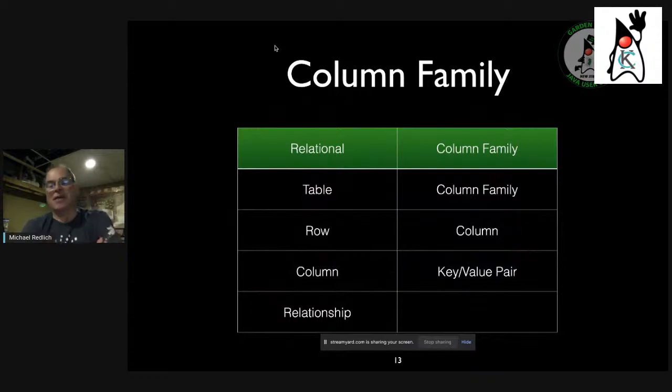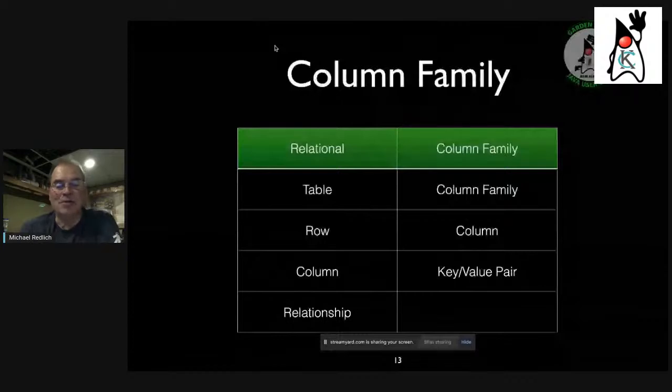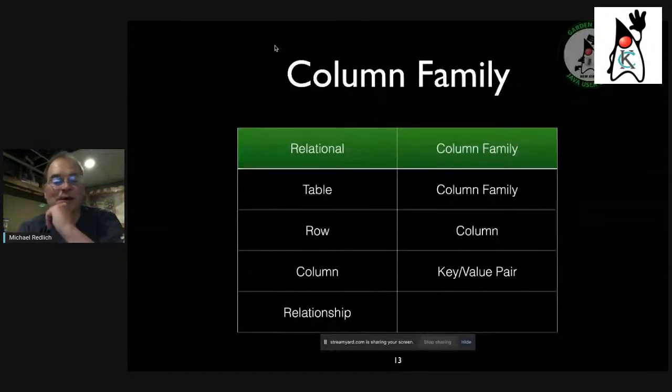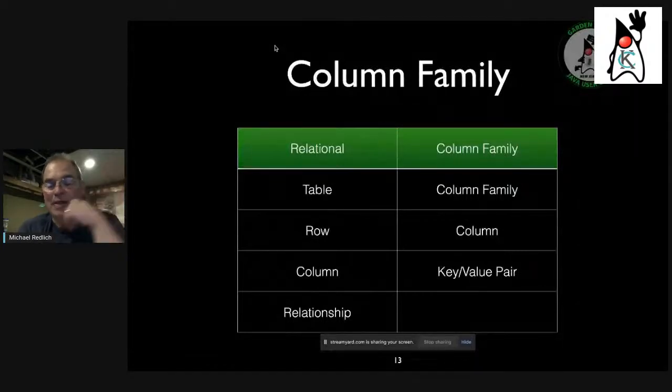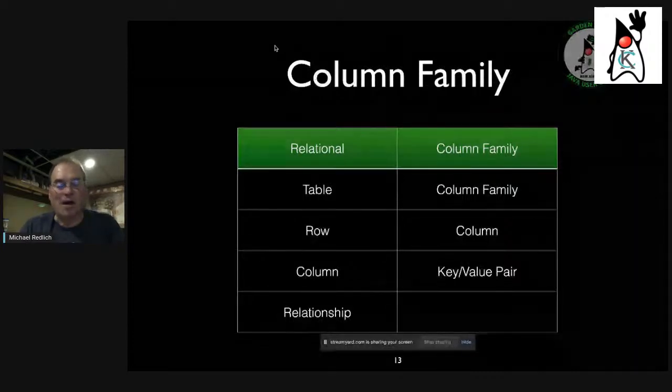And as I learned with MongoDB, the way you reference things relative to a relational database is different. In a column family, a table is referred to as a column family, and as you can see there, everything else. So the relational you'll see in the other database types, it's table, row, column, and the relationship itself. So that's what it looks like for a column family.